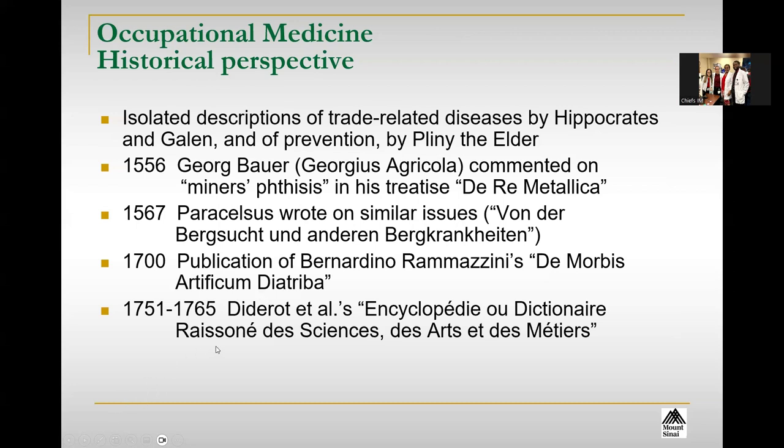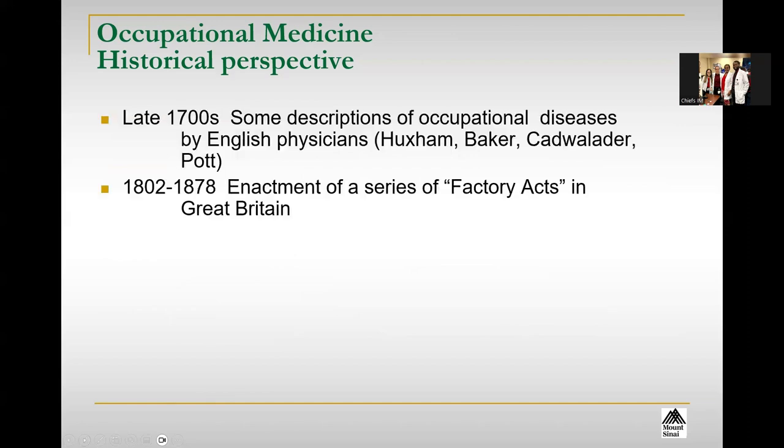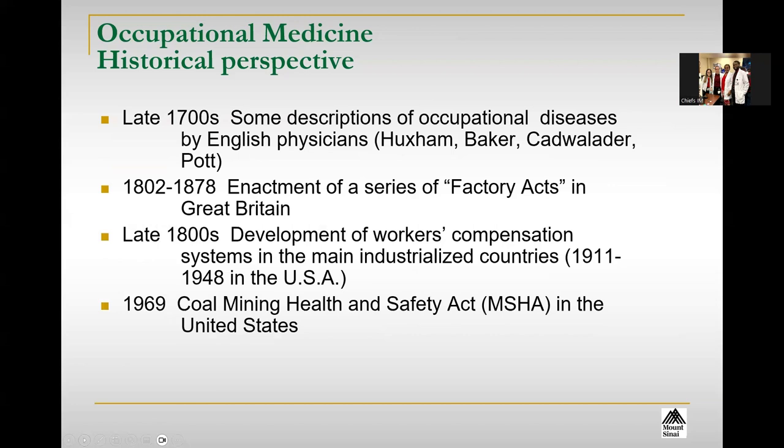During the Enlightenment, the encyclopedias included many references to these diseases from occupation. In a number of factory acts in Great Britain during the Victorian era in particular, there were mentions of these occupational diseases, and in the late 1800s they saw the development of workers' compensation systems in the main industrialized countries.